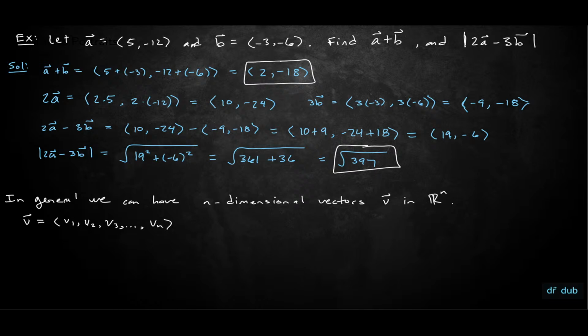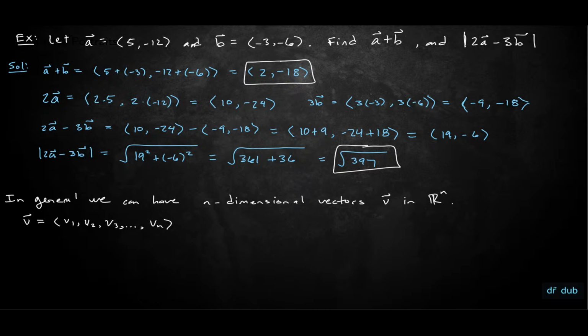Those independent variables make up your n dimensions, and so you can have n-dimensional vectors in real-world applications, even though it's not spatial. But regardless, there are some properties that hold for any dimensional vector, and we've seen a couple of them already.